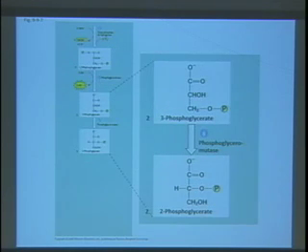These 3-phosphoglycerate molecules produced in the last reaction then react to form 2-phosphoglycerate via an enzyme called phosphoglyceromutase. These are wonderful enzyme names, by the way, aren't they?